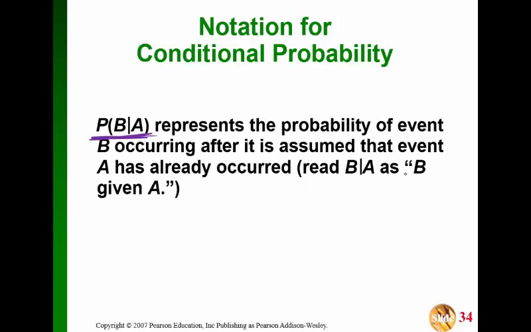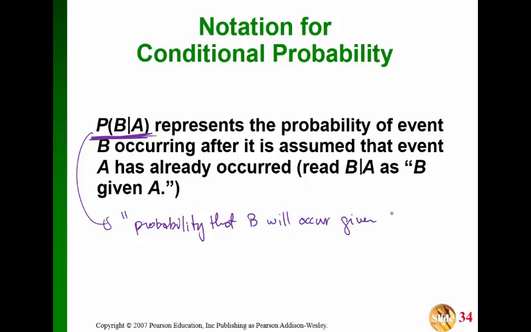B given A. Let's say this in a more extended way: this is the probability that B will occur given that A had already occurred, already happened. So we have to take that into consideration.